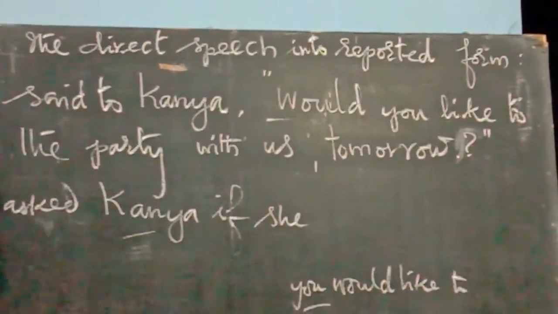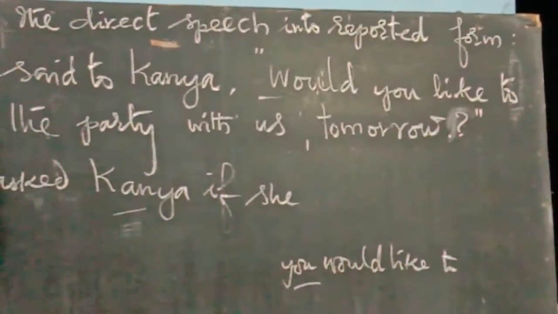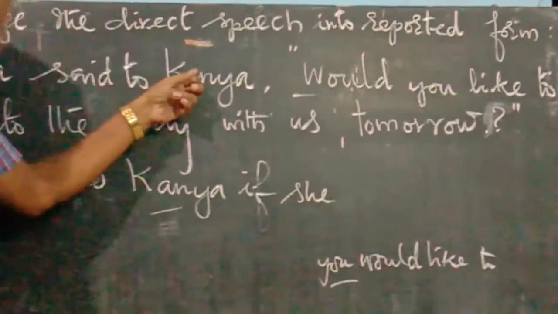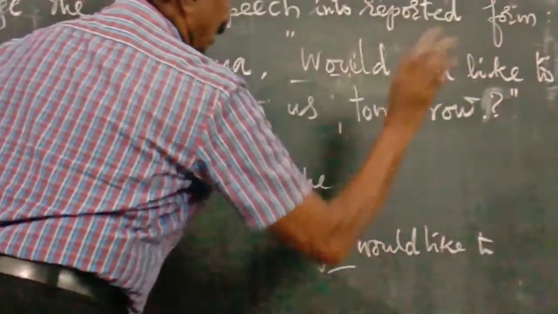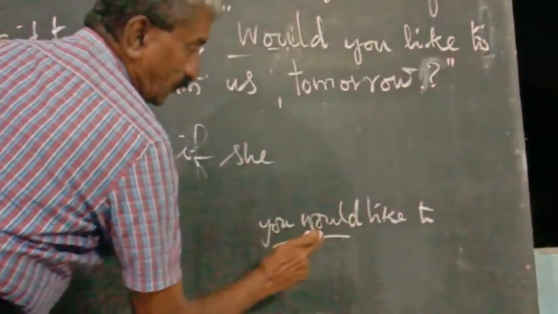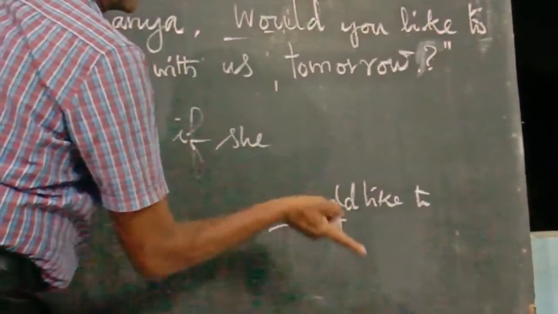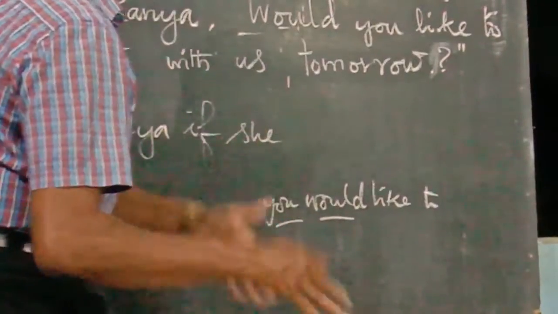When we are writing, we report what both have said. So Vidya had asked Kanya if she. Would will not have a change, it will be the same. In case there is a will, then it can be changed into would. But when there is would itself, no change.